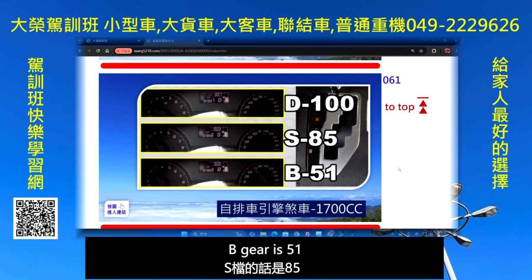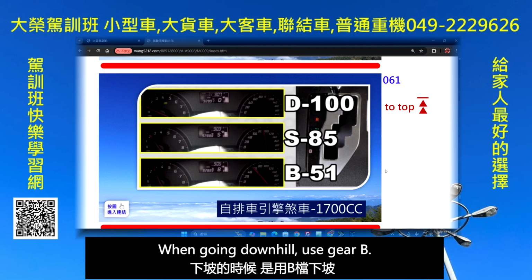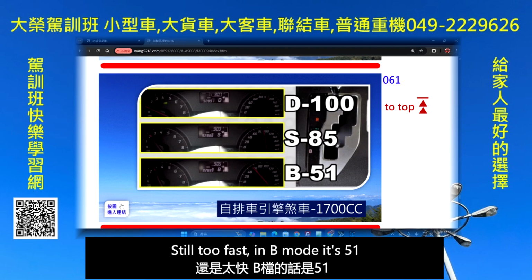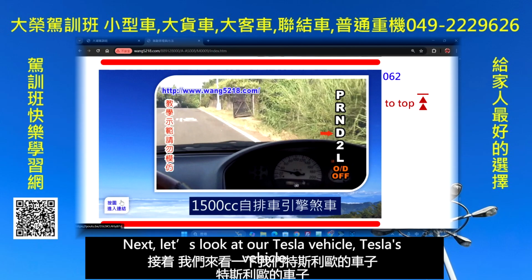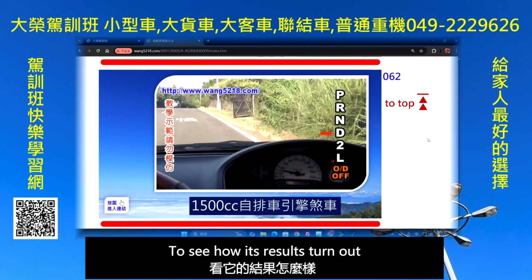B gear is 51. When going downhill, use B gear to descend. It's safer, because in S mode, it's still 85, still too fast. In B mode, it's 51. Next, let's look at our Tesla's vehicle. We will also test this automatic car to see how its results turn out.